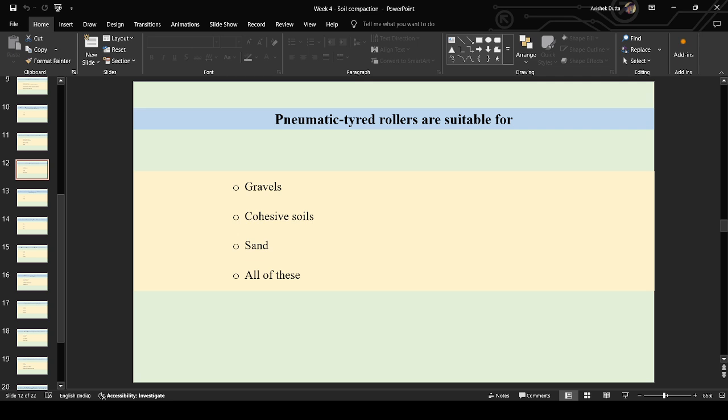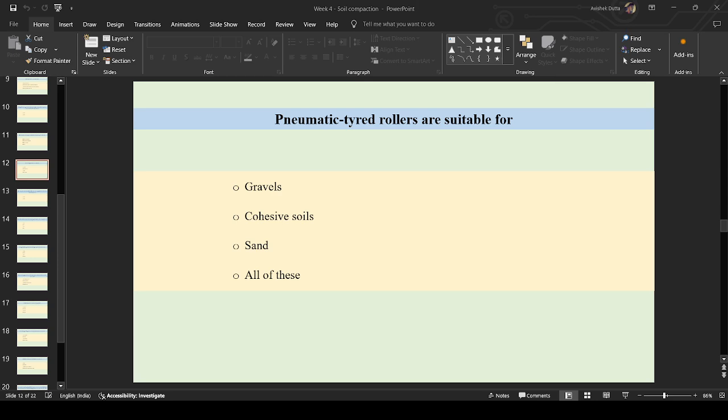I repeat the question. Pneumatic tire rollers are suitable for gravels, cohesive soils, sand, or all of these? Okay, I'll go to the next question.